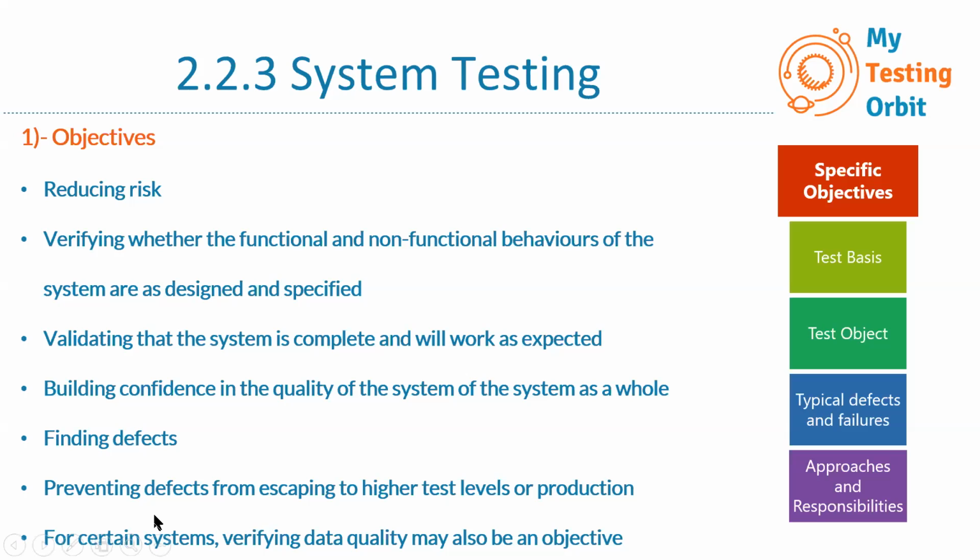So that's why it's really important that we make sure the system is working as expected, and there's confidence that it will work in production as the user is expecting.